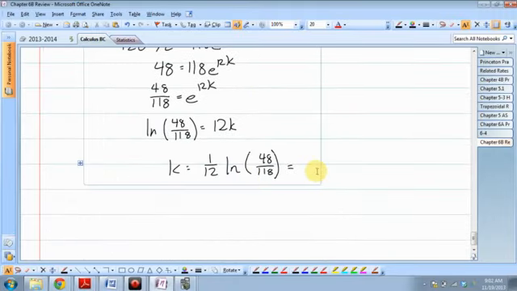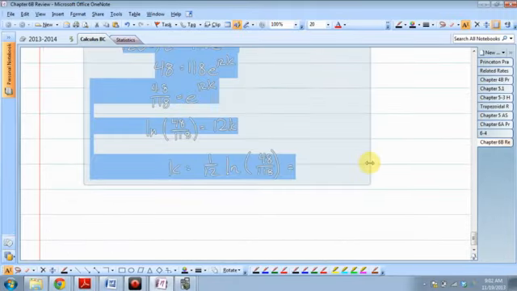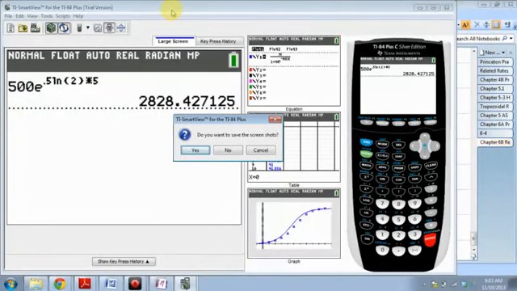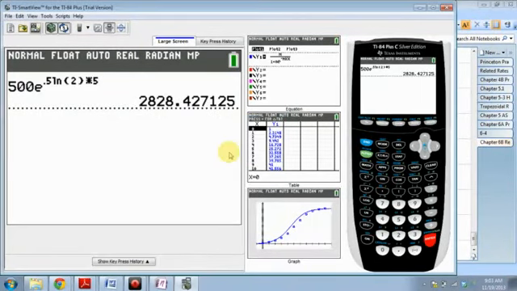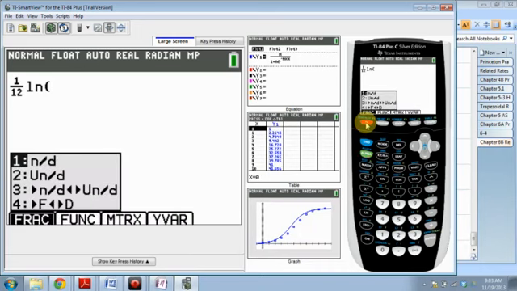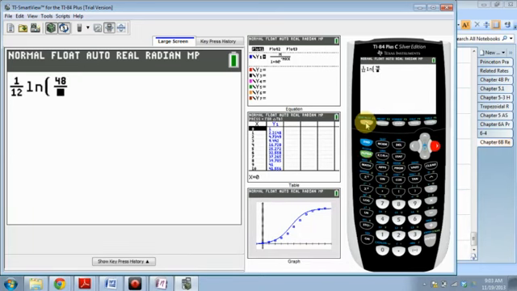Okay, so what was the calculation? 1/12 log of 48 over 118.